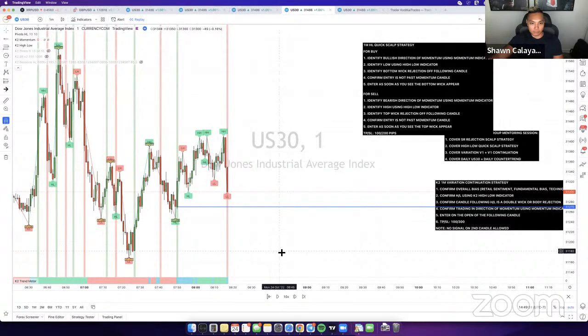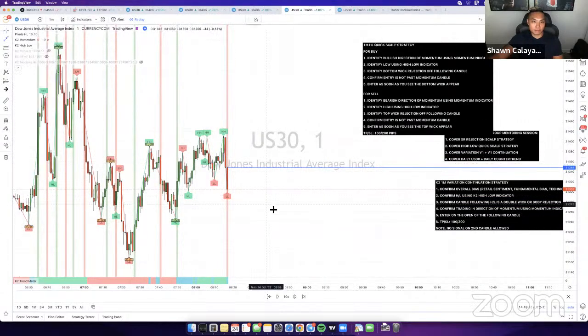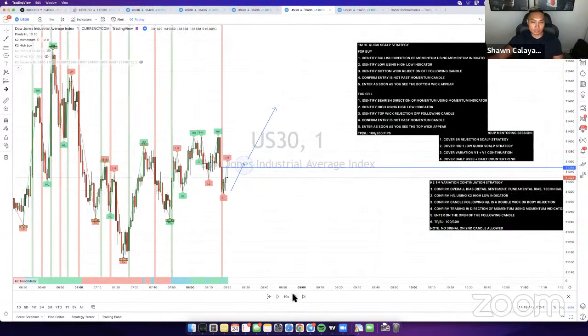Okay, so we have a sell signal right here, right? Basically, what I'm saying is, when price goes above here, then you probably don't want to look for any more sells, because price is probably going to reverse and continue up higher, right? Vice versa. If you had a buy signal here, you would want to take trades that come below this point. So again, right here, price pushes above, and see how price passes the momentum signal right here.